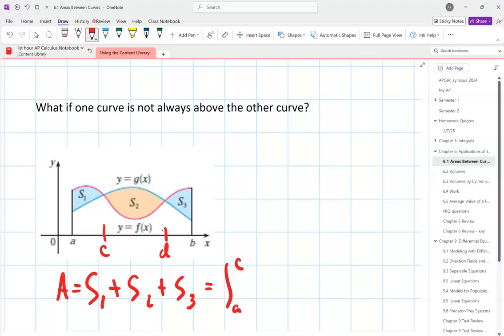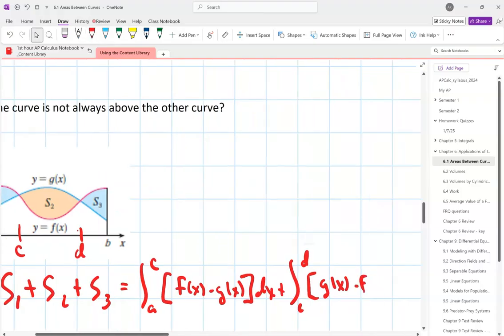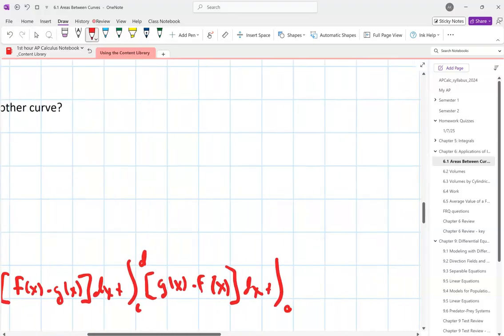We'll go from A to C, and there the f of x is on top. And then from C to D, the g of x is on top. And then from D to B, the f of x is back on top.